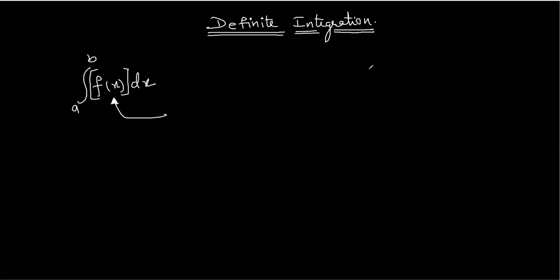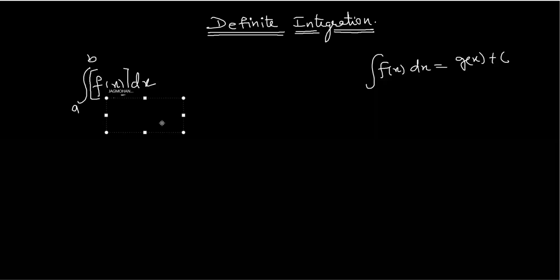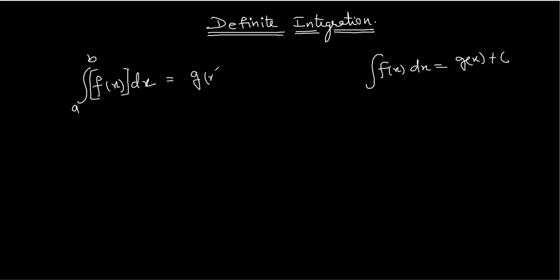Suppose integral f of x dx is g of x plus c. This is from indefinite integration. There is no interval. When you are integrating the same function in the interval, the only thing you do is you do not write the constant of integration.